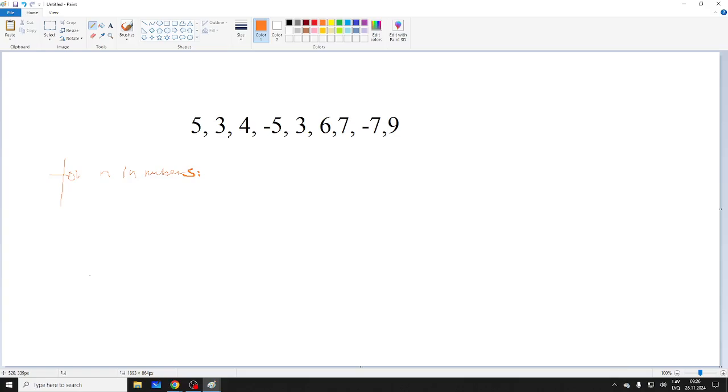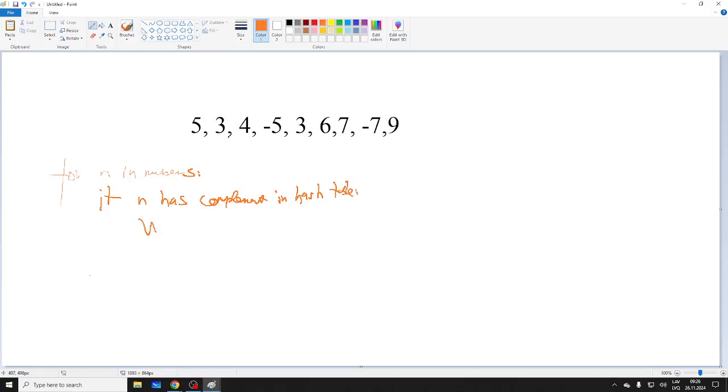For n in numbers: if n has complement in hash table, right? Don't worry about my writing.